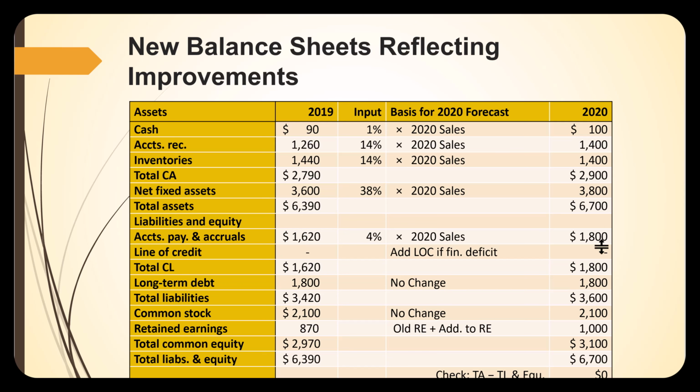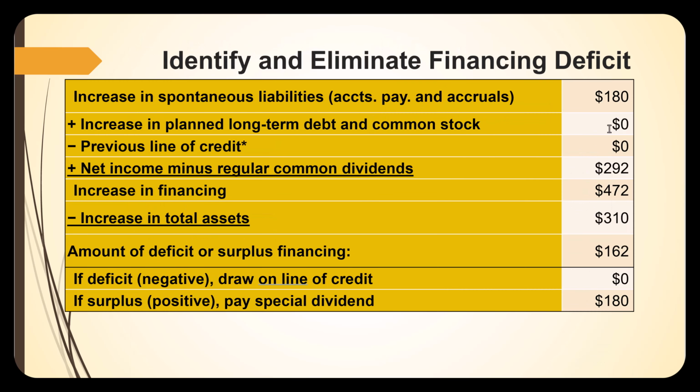So again, here's the line of credit. We're showing 0, and we show that these net out the total assets and our total liabilities and equity. They now equal each other. And it shows in the end what happened. Our spontaneous liabilities went up $180.